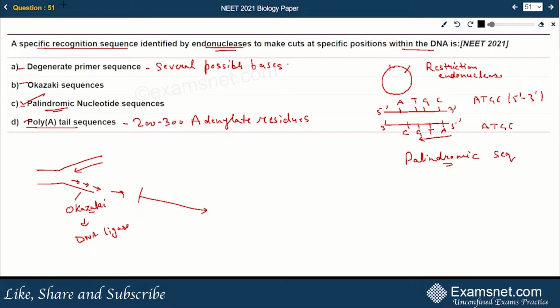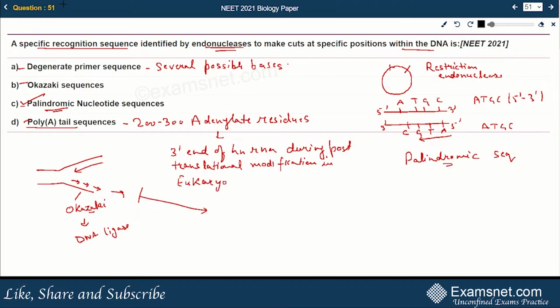These residues are added at the 3' end of hnRNA during post-translational modification, in which type of organisms? Eukaryotes, and not in prokaryotes.